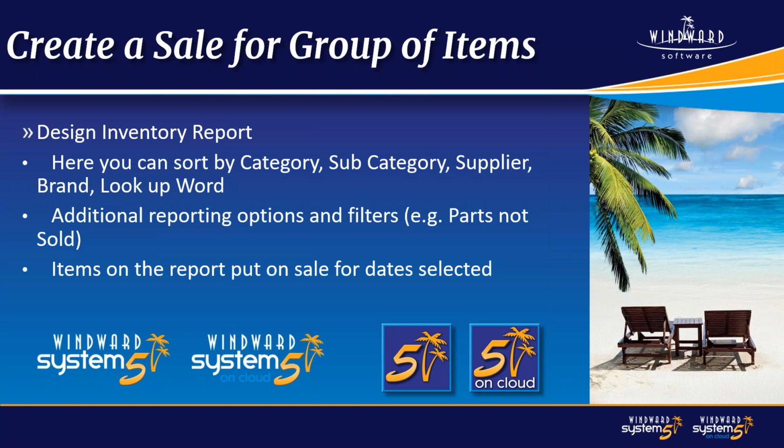It's useful if you want to know which items you haven't sold for a long time so that you can make a sale for them. And once you have the items on the report, you can create dates and the discount rule for that.